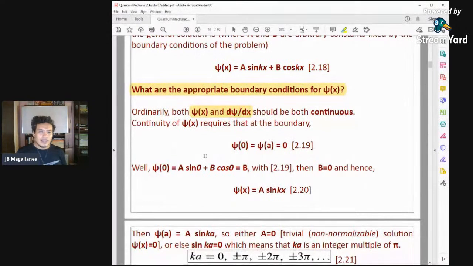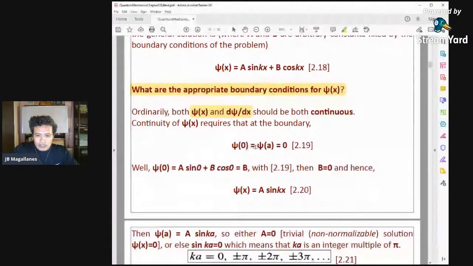Phi of x and the derivative of phi with respect to x, or space, should be continuous. So by continuity of phi, it requires that at the boundary, phi of 0 must be equal to 0, and phi of a is also equal to 0, because beyond that, there is no particle. And at the walls also 0, because the wave functions are continuous.